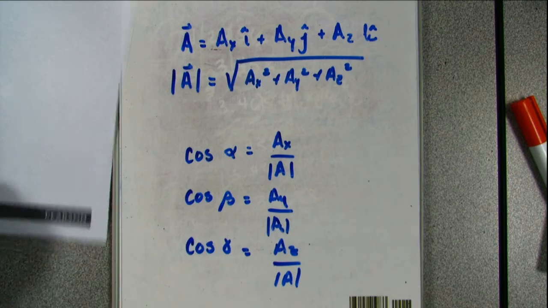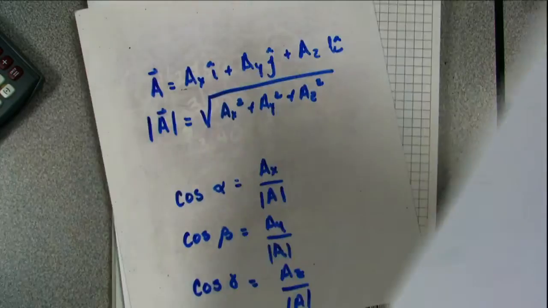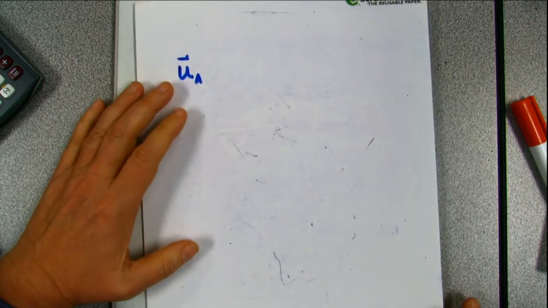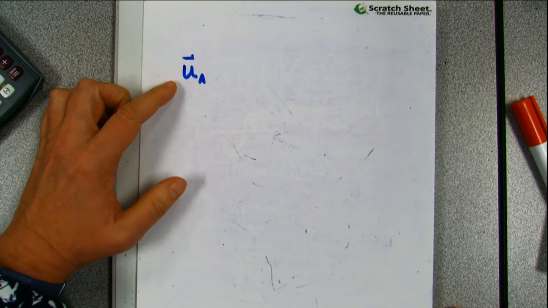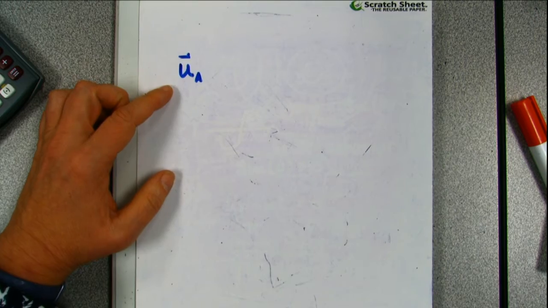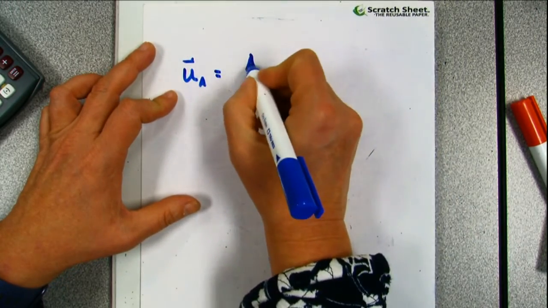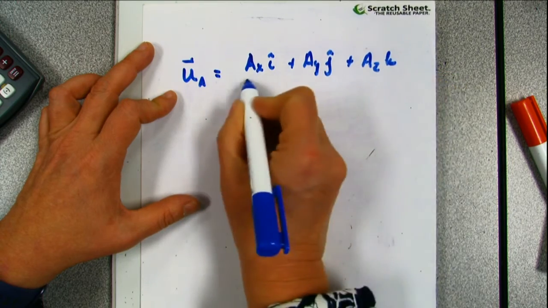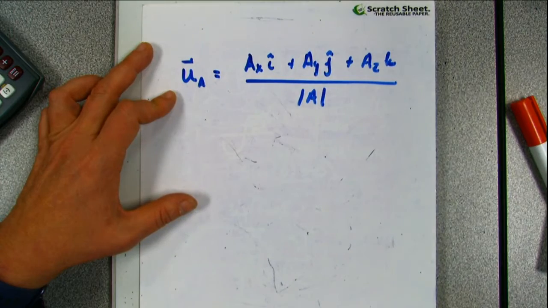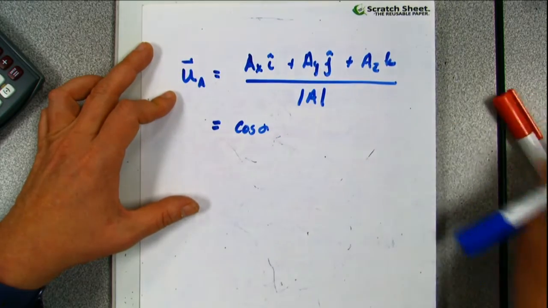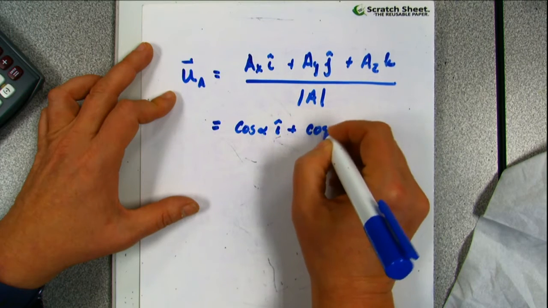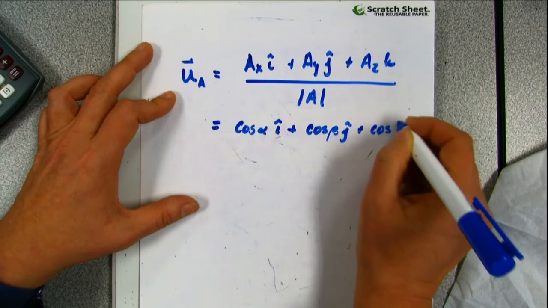Okay, so let's take it a step further here. I want a unit vector, and we're going to write a unit vector as U of A. This will be a unit vector in the direction of A. If I want a unit vector in the direction of A, what I end up doing is AXI plus AYJ plus AZK, all divided by the magnitude of A. So if I do it in terms of the cosines, this is going to be the cosine of alpha in the I direction plus the cosine of beta in the J direction plus the cosine of gamma in the K direction.